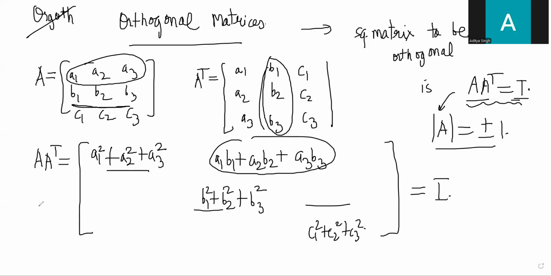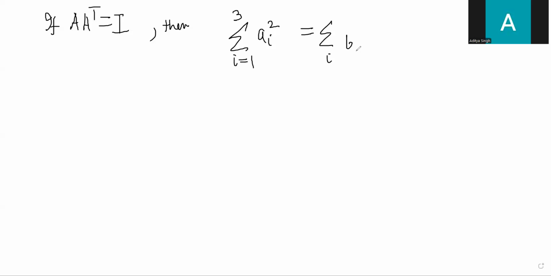So what we are saying is if A into A transpose is I, then summation of i goes from 1 to 3, Ai square is equal to summation of Bi square.